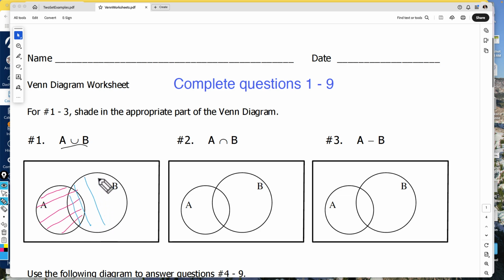So yeah, you see A union B is everything, even the stuff that's in the intersection, but it also helps you see that the intersection is going to be where both of them are. So that helps you with the next one. What is A intersect B? It's just the middle part. It's where the two streets cross.